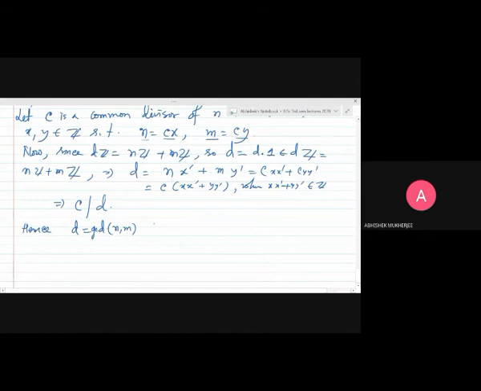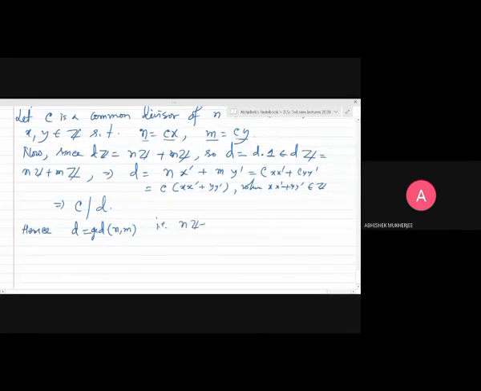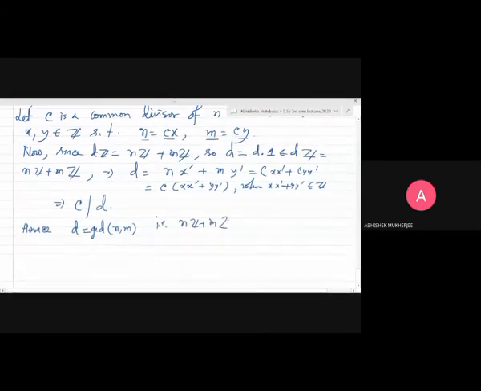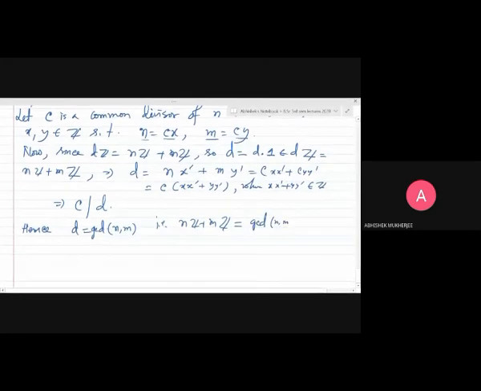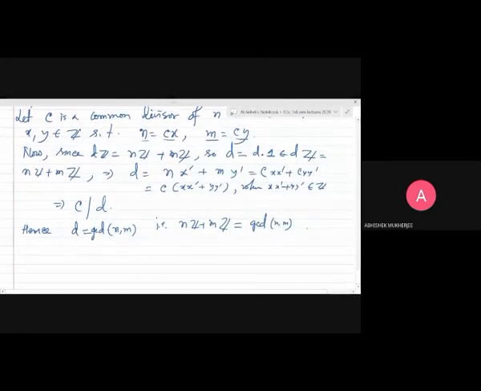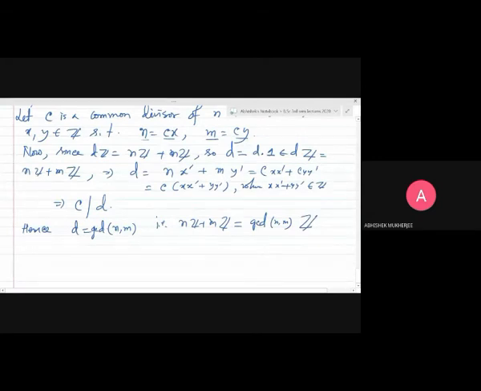So thus, if you take any two positive integers n and m, then nZ plus mZ is generated by the GCD of n and m. So that is, nZ plus mZ is GCD of n comma m times Z. Okay, just this one.